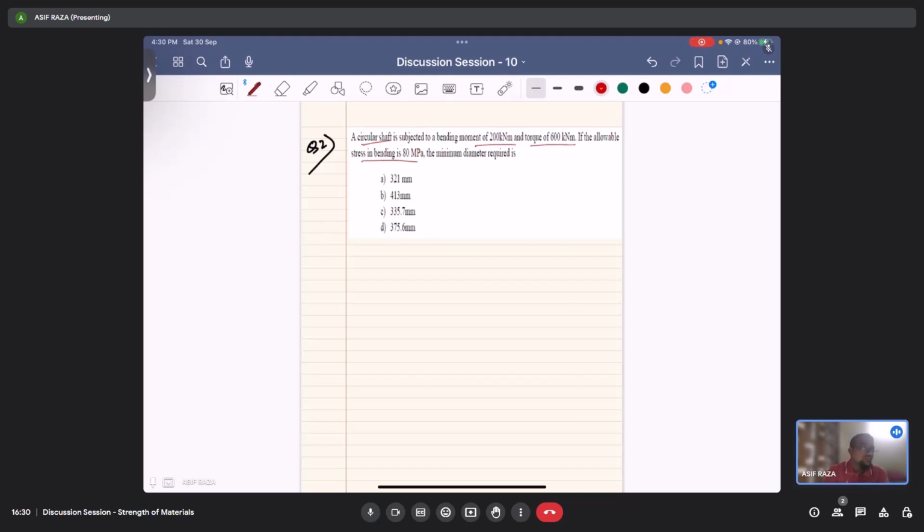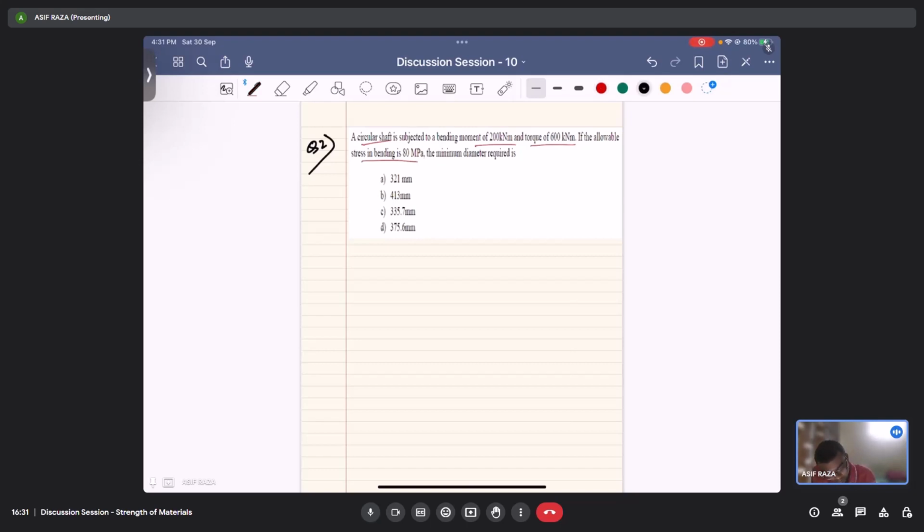So to solve this question, we'll find the equivalent bending moment and then find the maximum principal stresses. We'll keep the design stress as 80 megapascal, and using that we'll be able to find the diameter for this system. Okay, so let's do this.